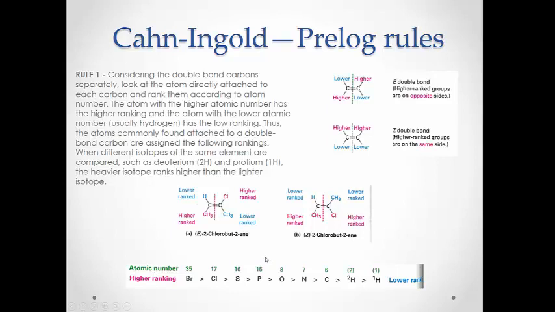You'll see the same difference between them. Here you can see that the carbon and the chlorine will have the two higher ranks. So this one here would be your trans, so it would be E, and this one is cis, so it would be Z. They're on the same side, so it's Z.